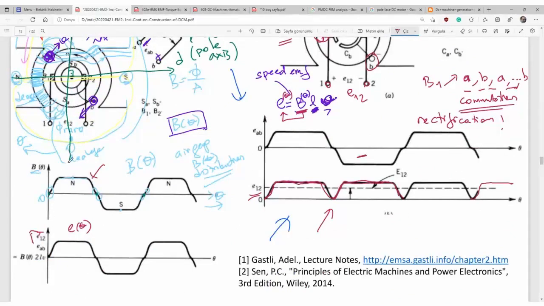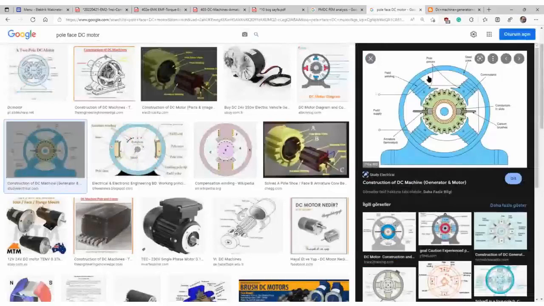In fact, again, we want small harmonics, but the main purpose is having a smooth electromotive force. So we use such a flux distribution, and to have such a flux distribution, we use such a pole face. Okay, let me show you again.